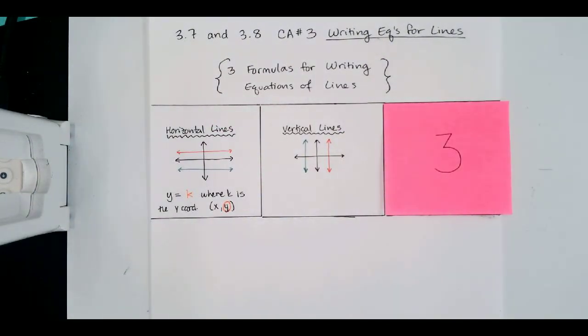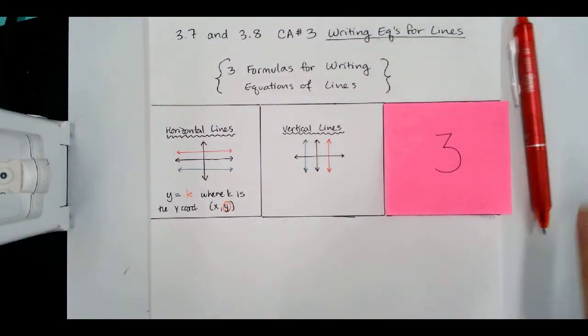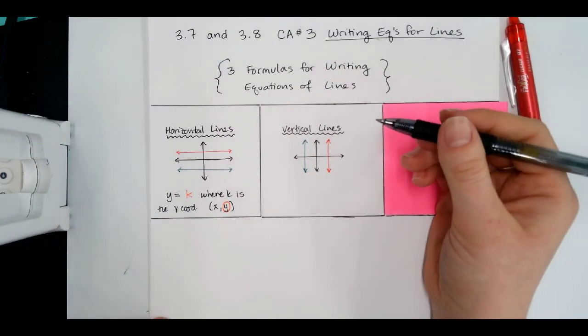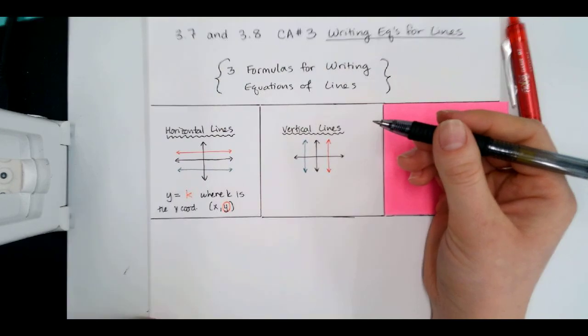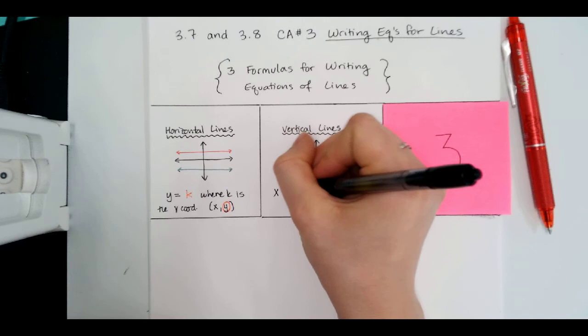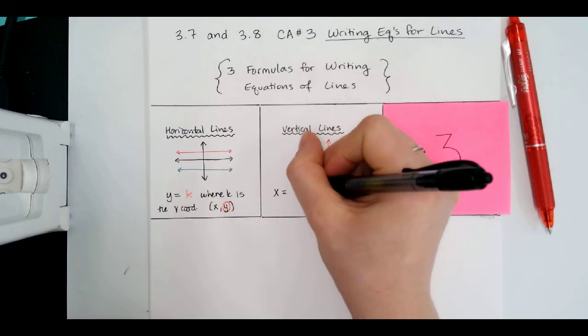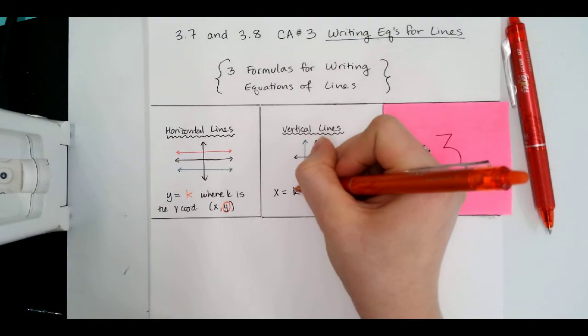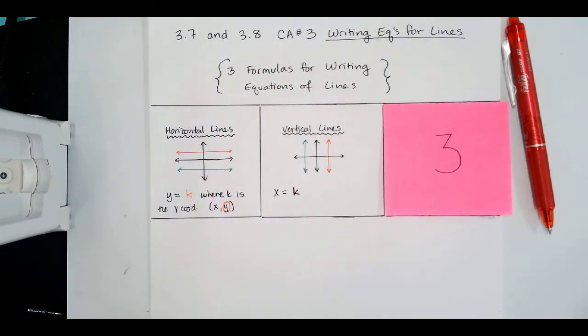So what's the equation for vertical lines? Well, it's going to be x equals k.